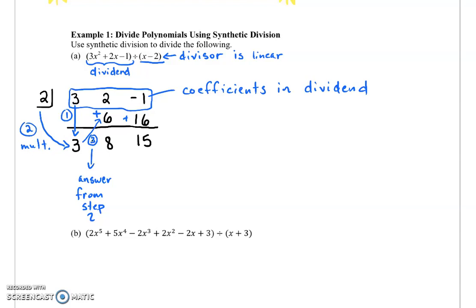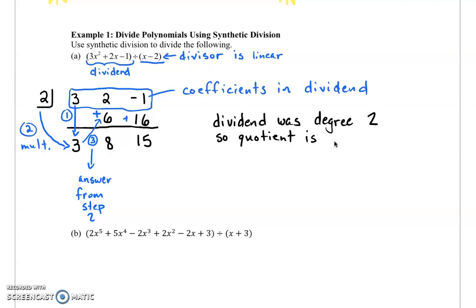So what do these numbers mean? Well, our dividend was degree 2. So our quotient will always be 1 less than the degree of the dividend.